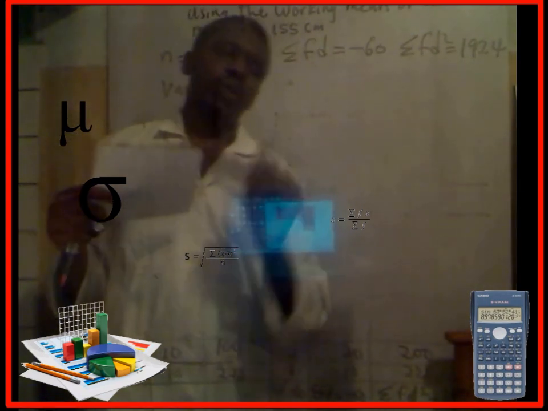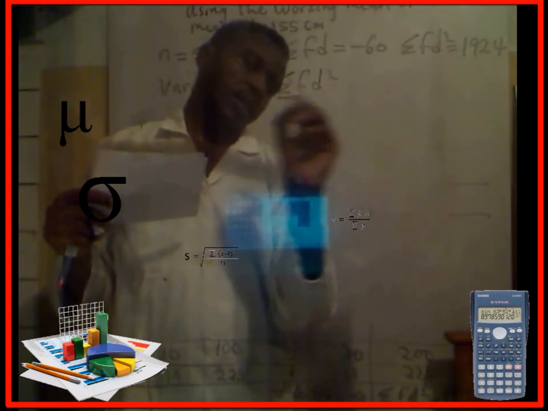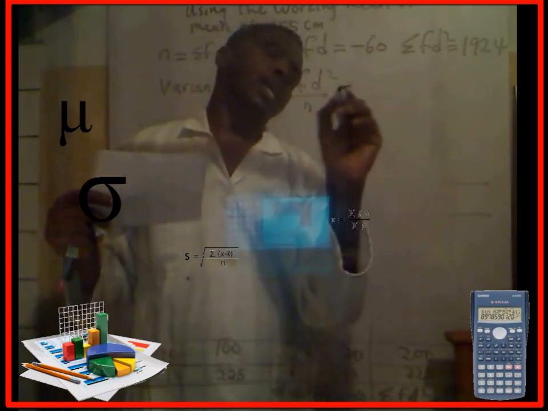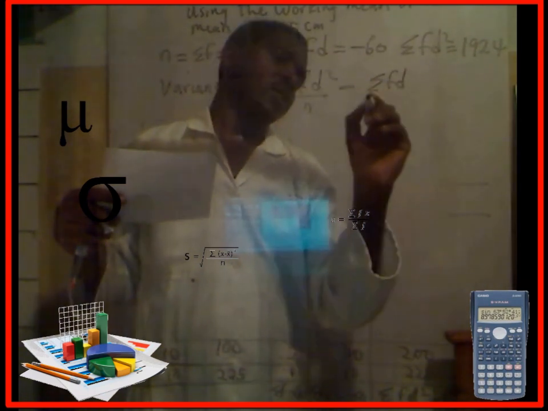So now let's express this in variance. This will be equal to the sum of the product between frequency and deviation square divided by n, minus the sum of the product between frequency and deviation, all divided by n, all square.